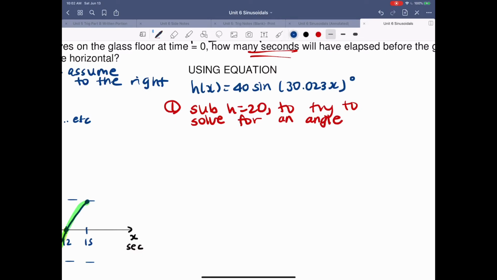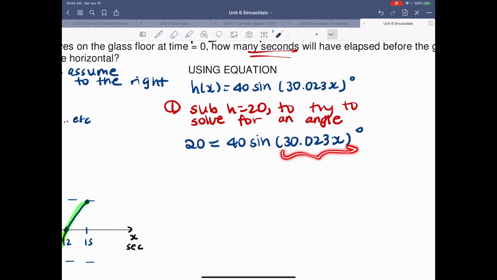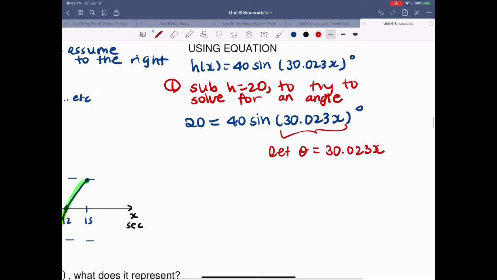So when we do that, we're going to get 20 equals 40 sine 30.023x angle. Remember, when I see complicated cases, try not to think about it too hard and say, okay, I'm going to deal with it later. Once I get a nice number, I can simply divide by 30.023 and get my x anyways. Why make it complicated? So I'm going to say let theta equal 30.023x, and then we're going to go from there.